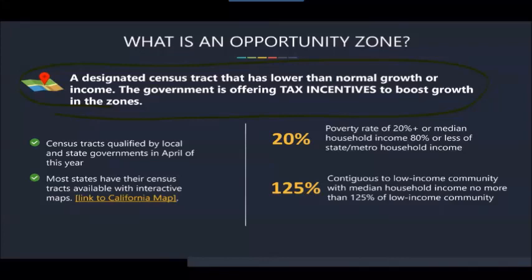Basically, what they were trying to do is stop governments from designating areas that are really, really rich that are around a small, poor area. They didn't want to do that because they felt like if the areas around it were really, really rich anyway, then that area is going to gentrify in the future anyway and should not be an opportunity zone. So those were the two benchmarks that they used.